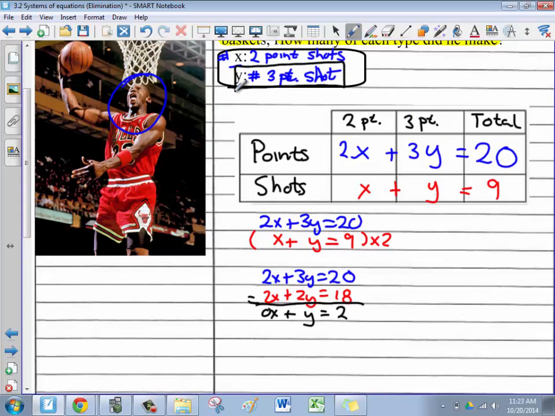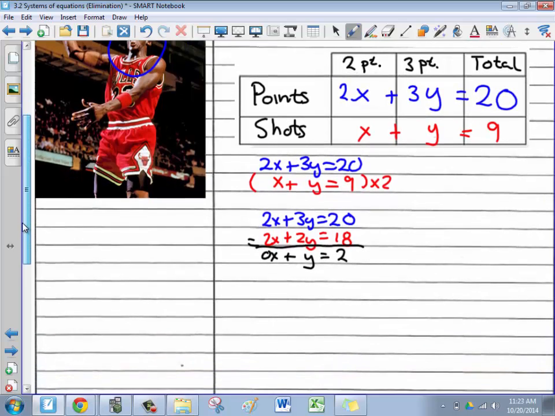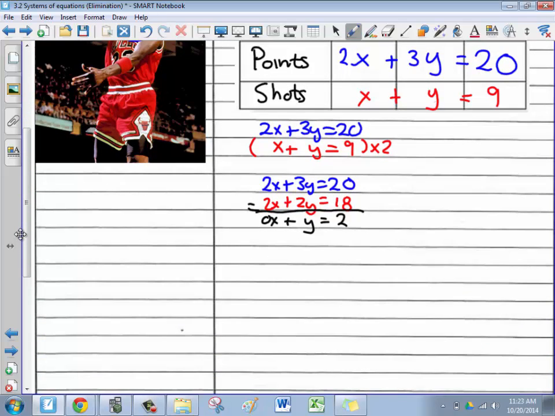So he made 2 3-pointers. Okay? That's how I made it.